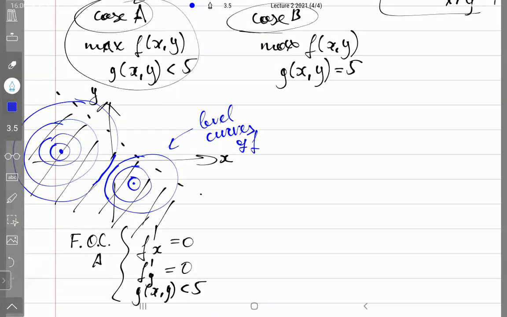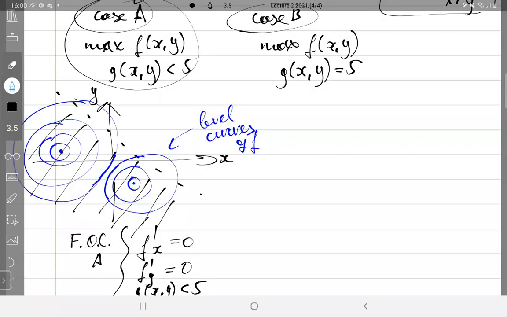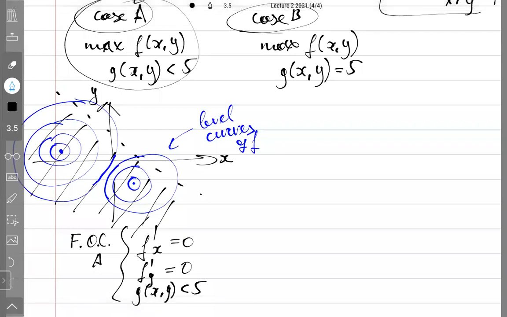Okay, let me show you case B. These curves mean the set where f is constant.